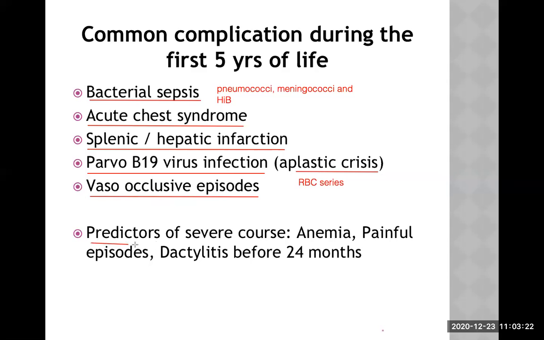Now, these are the predictors of a severe course of sickle cell anemia: anemia, painful episodes, and dactylitis before 24 months, or before 2 years of age. Dactylitis is involvement of the fingers and toes. If the child suffers from these before 2 years, that means this child will have a severe course in the future. This is a severe type of manifestation, and definitely this is a homozygous state.